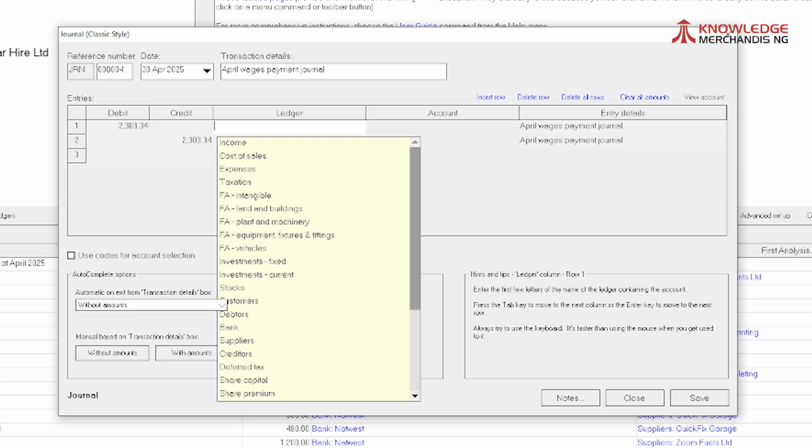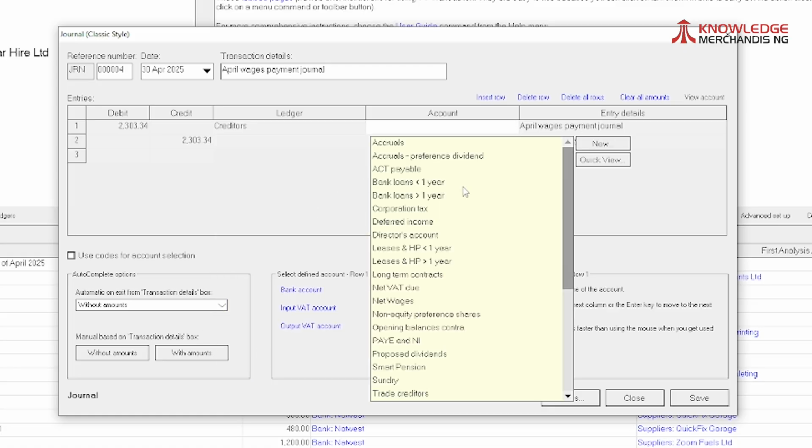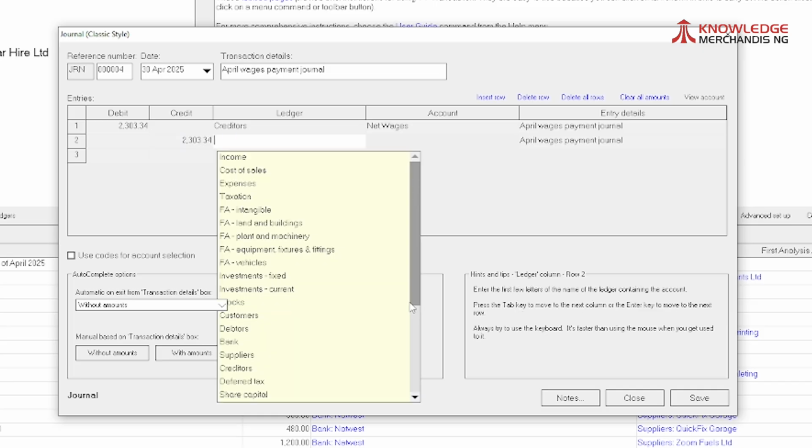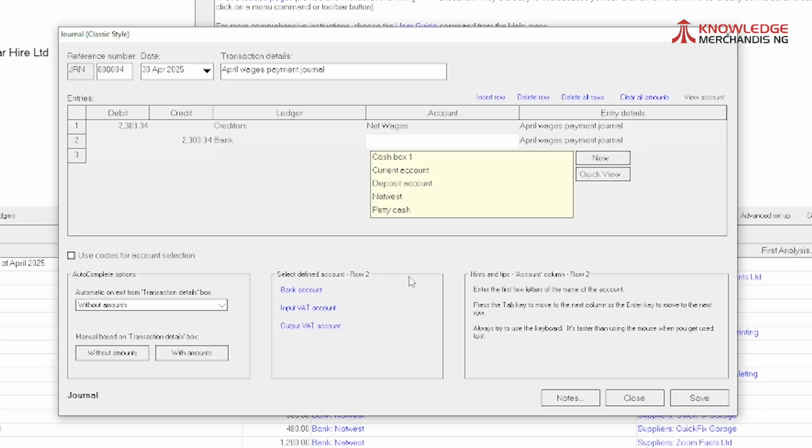So it's reversing it back, therefore we have to enter it to the net wages account. Next one, this is going out of our bank, so we are crediting the same amount. It's from our bank, and our bank is NatWest Bank.